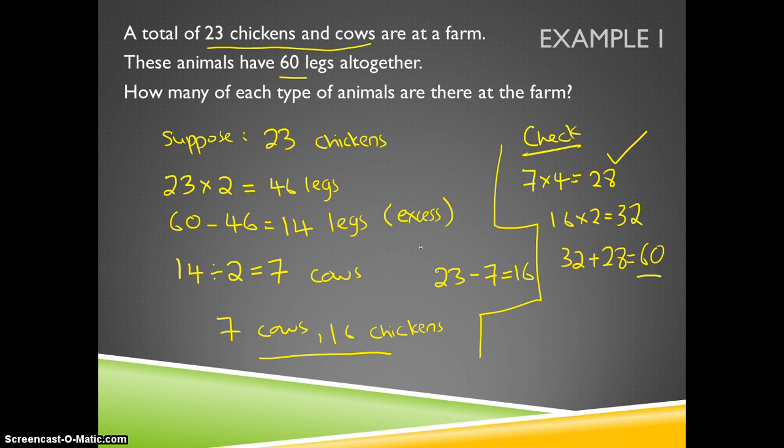This is in a way a modified guess and check. You only need one guess, and you're guessing that there are 23 chickens. Because of the excess legs, I know that the excess must belong to cows, and since each cow has 2 more legs, I divide by 2 to give me 7 cows. And of course, you have to remember to check again to make sure you are correct. This is actually quite simple and quite fast.